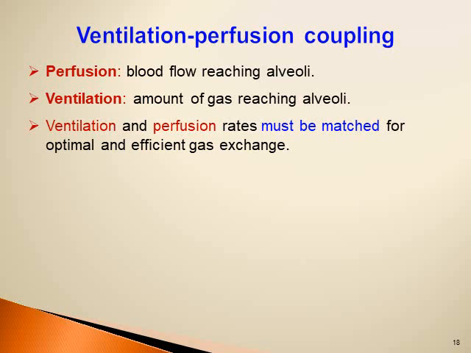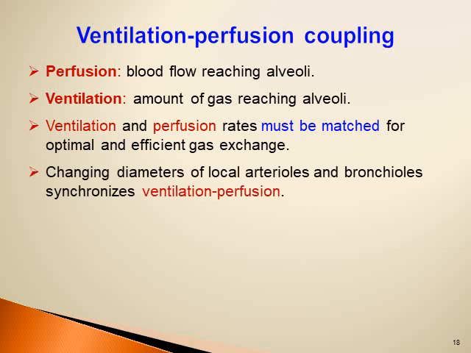To have efficient gas exchange, without having low oxygen or excess carbon dioxide in our blood, we need to match the rates of ventilation and perfusion. So ventilation and perfusion rates must be matched for optimal and efficient gas exchange.